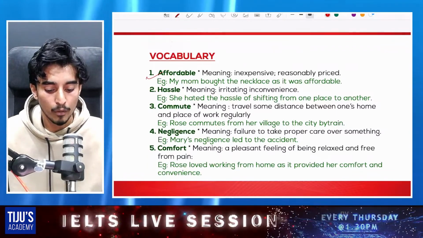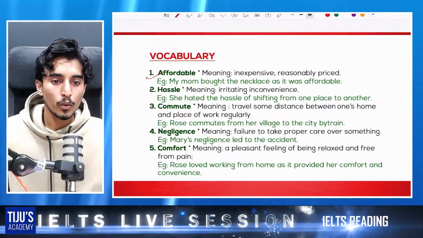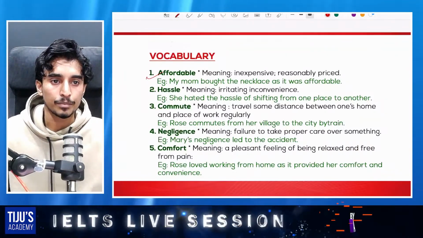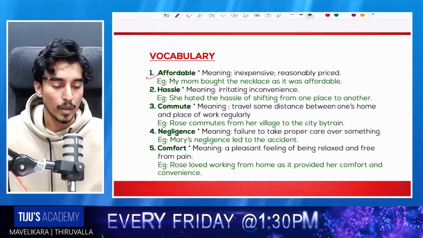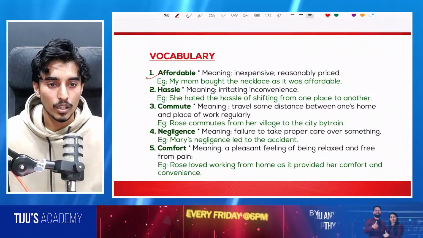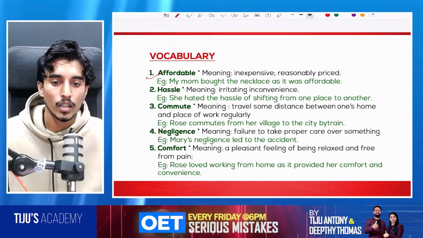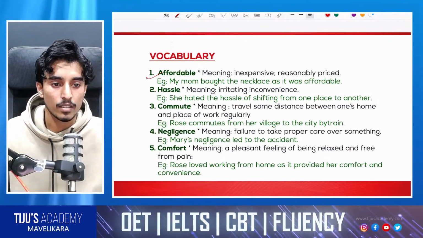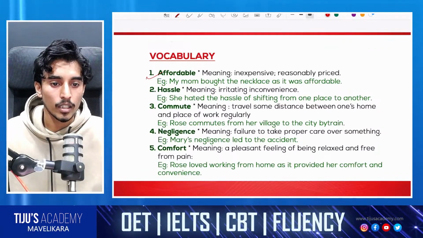The meaning of affordable is inexpensive or reasonably priced. For example, if you are buying a shirt and you call it affordable, that doesn't mean the shirt is low in quality or not that good. It means that compared to other shirts, this shirt has good quality, along with a really good price range.